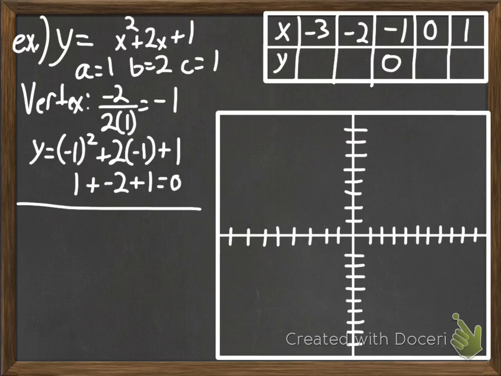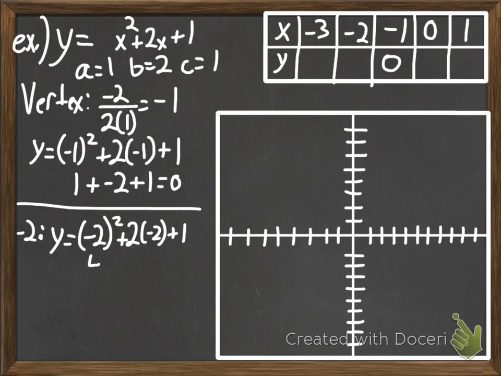Let's start with negative 2. So y equals negative 2 squared plus 2 times negative 2 plus 1. So we get 4 minus 4 plus 1, which equals 1.